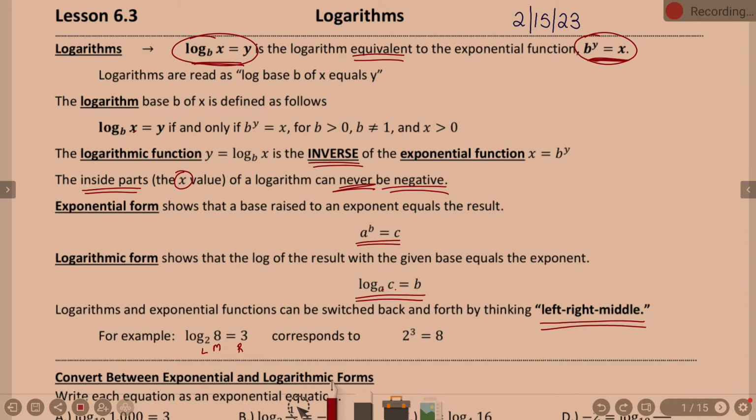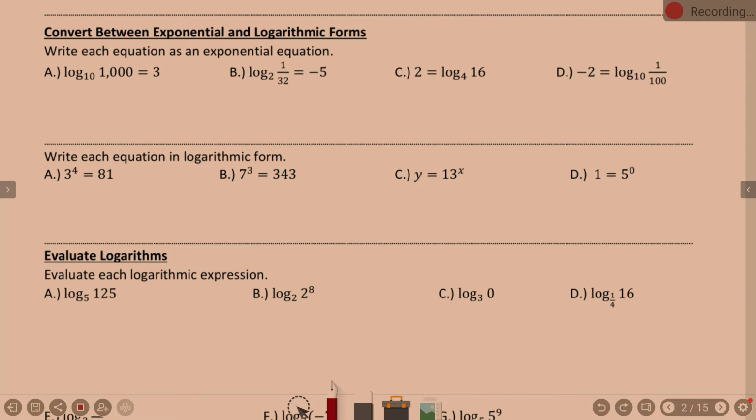Okay? We can do that by using the phrase left, right, middle. Or you can just work to understand the connections on your own. That is your choice. So, log base 10 of 1,000 equals 3. Well, left, right, middle.